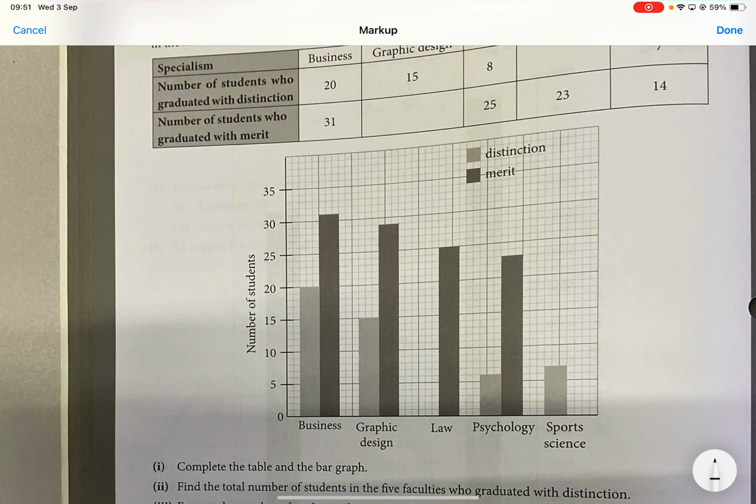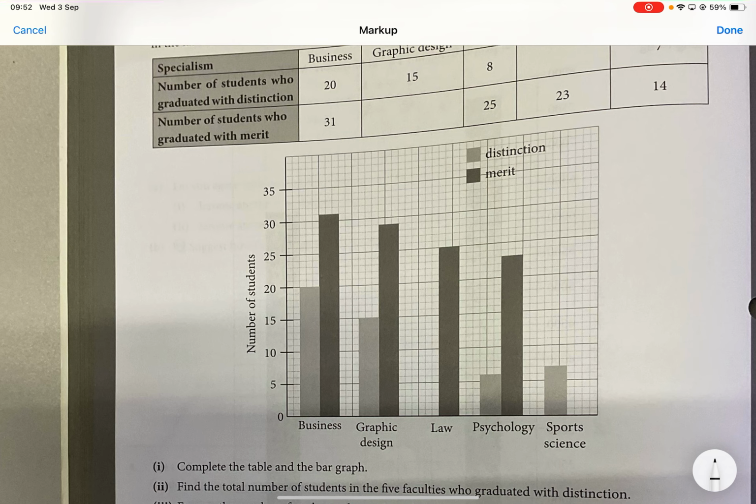So even within the business, they tell you the lighter one is distinction, the darker one is merit, and there are 2 bars. So there is 1 bar here under business. This light bar is business, distinction, how many? 20. Business, merit, how many? Then we read here. Okay, so this is the entire story that they are telling you.